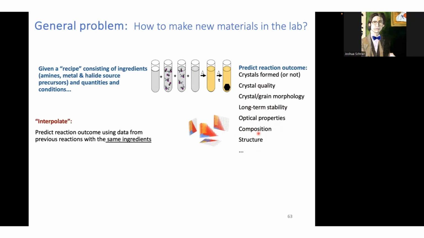Within this, it's useful to think about two different types of tasks. One, which is much easier, is what we call chemical interpolation. I've got a collection of recipes already with the set of ingredients, and I just want to predict how changing the quantities of those ingredients will affect the reaction outcome. But a much harder problem is extrapolation.